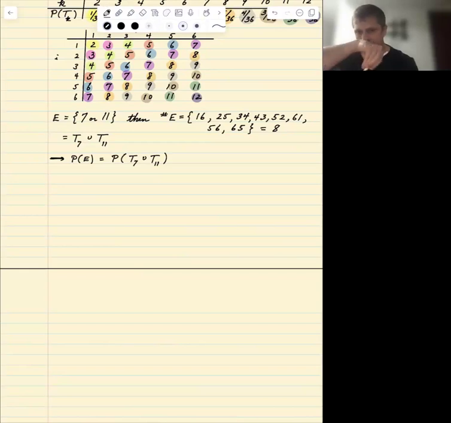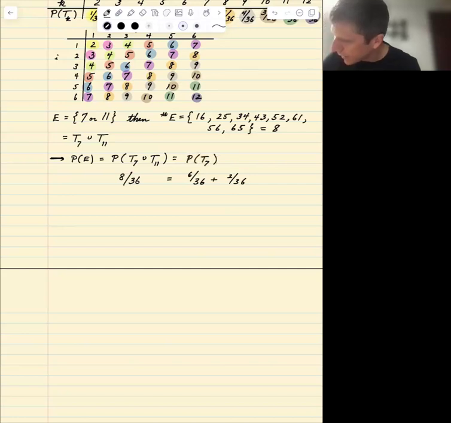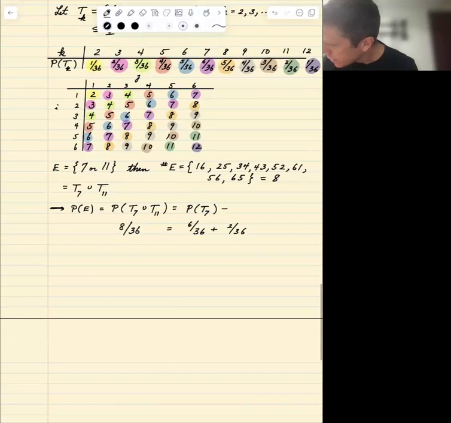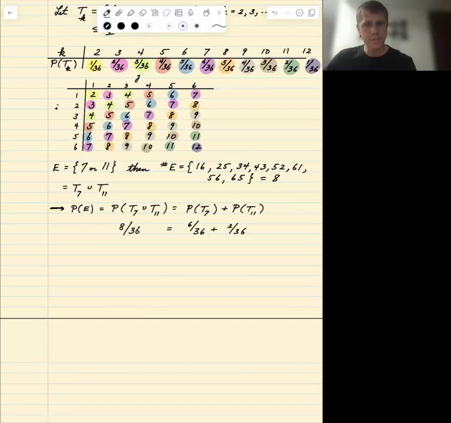We've already calculated this as 8 over 36, right? Because the size of E is 8. But what is 8 over 36? 8 over 36 is equal to 6 over 36 plus 2 over 36, which just so happens to equal the probability of T7, which we calculated above as 6 over 36, plus the probability of T11, which we calculated above as 2 over 36. Okay.